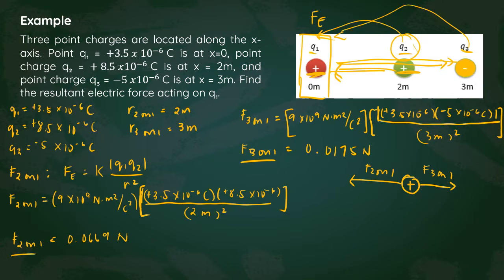Now, if we focus on the forces acting on Q1 and we assign that F2 on 1 is directed to the left and F3 on 1 is directed to the right, then we can assign this as negative direction and positive direction.